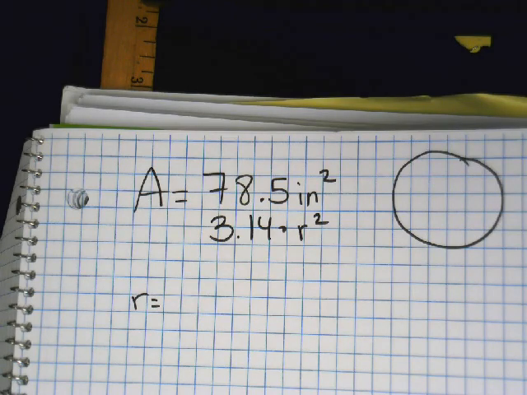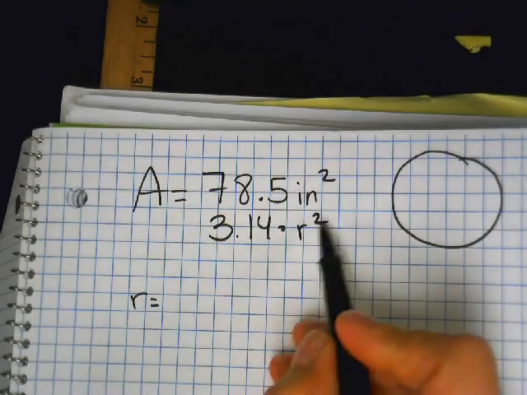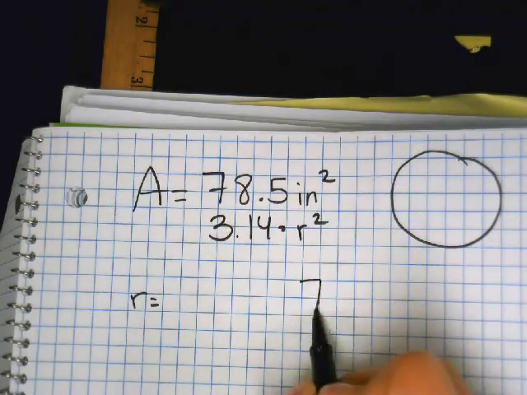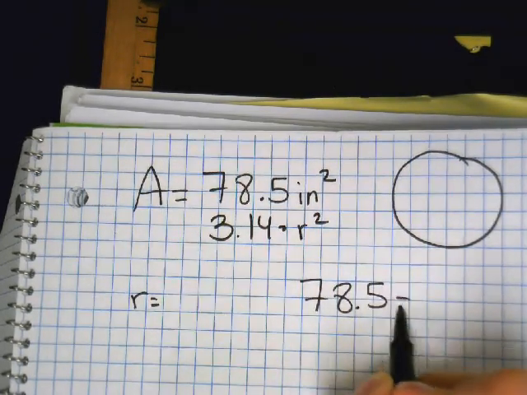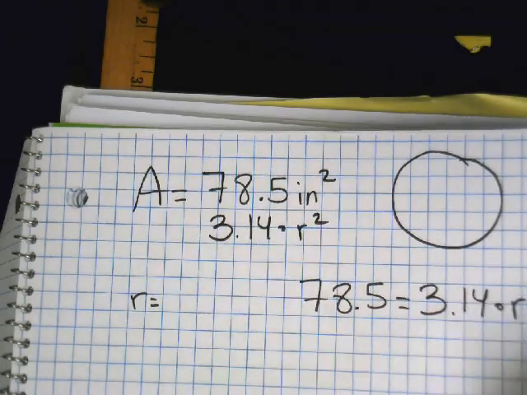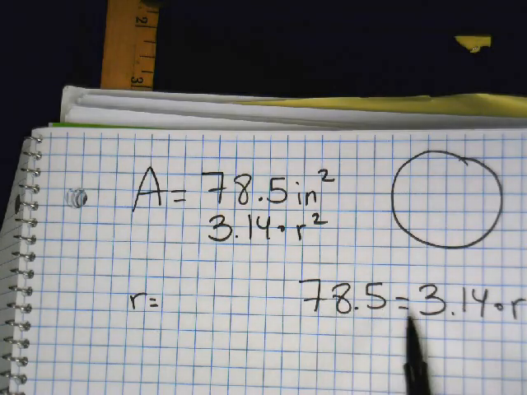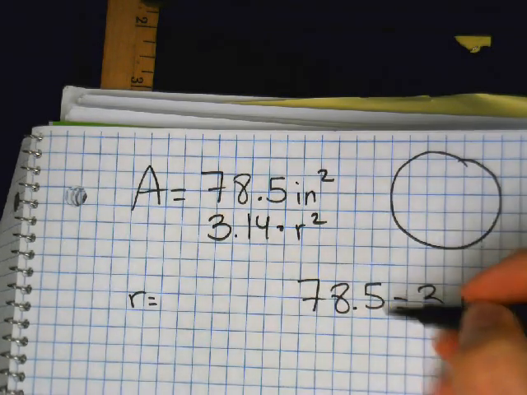So what's the first thing I should do to solve for r? Divide 78.5. Yeah, you're solving for r squared, right? You know that 78.5 is equal to 3.14 times radius squared. Kind of like solving an equation.